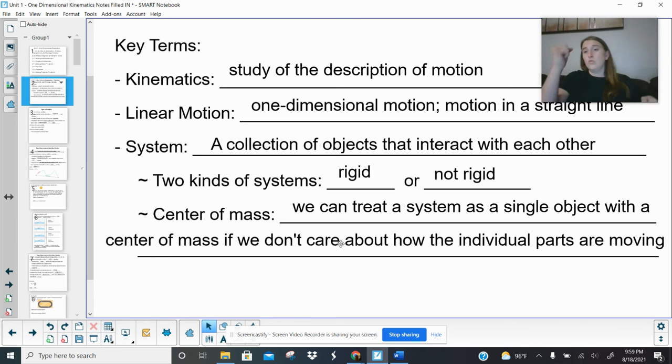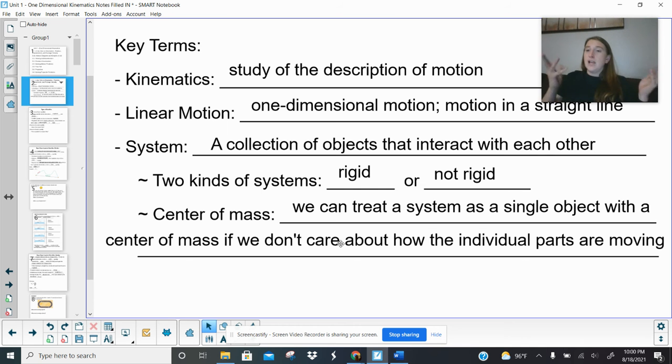When we run, you move your arms separately from your legs, and I can, if I want to, stand in one place and just move my arms. However, we can treat the human body as a rigid system, as a single object with just my center of mass here, because we don't really care how my arms are moving if I'm running. I'm just caring how my body goes overall, how fast my entire body is going. In particular, how fast my center of mass is going.